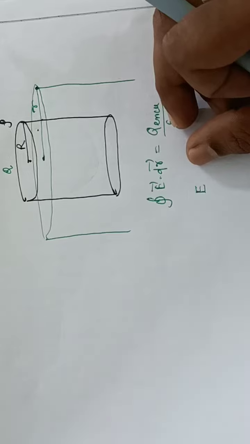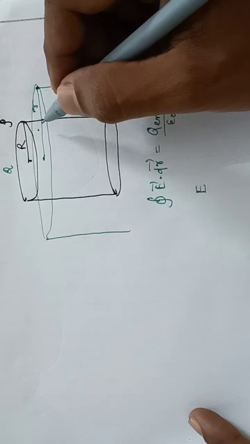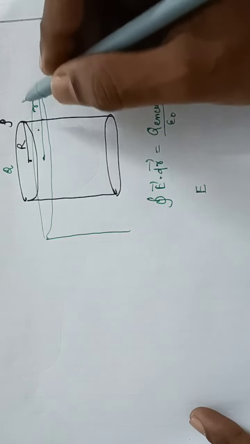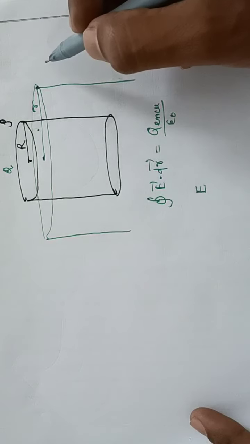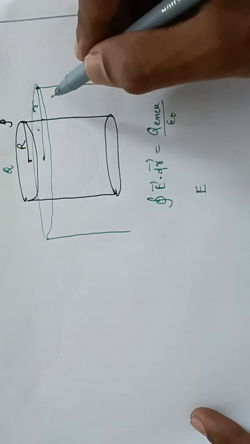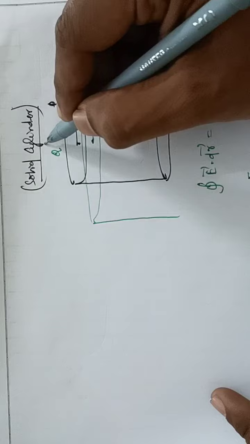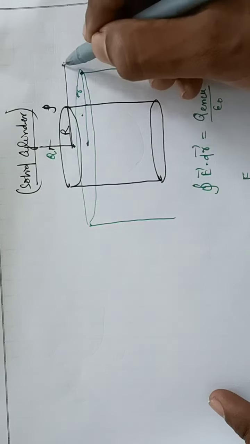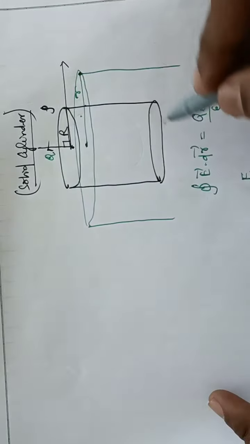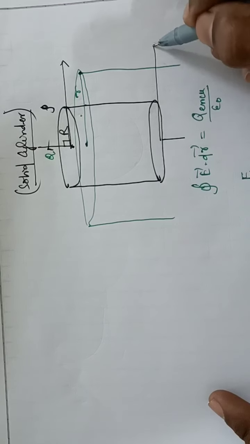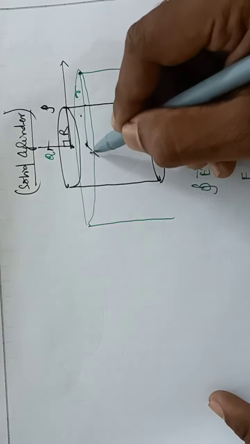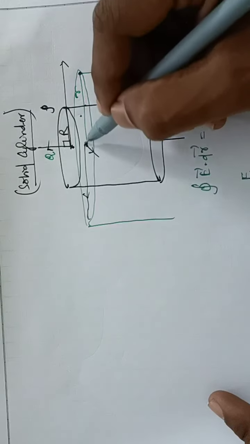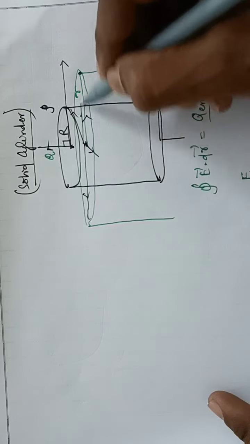You have to think carefully about this Gaussian cylinder: it has two surfaces, one curved surface and another flat surface. For the flat surfaces, the area vectors and the electric field lines are perpendicular, because the field lines go radially outward, like this.